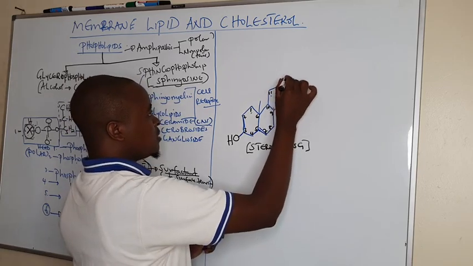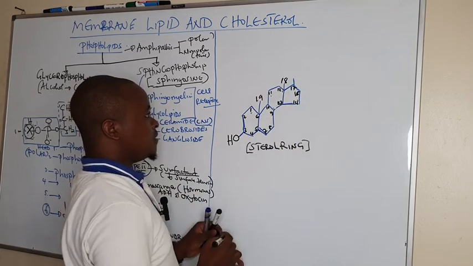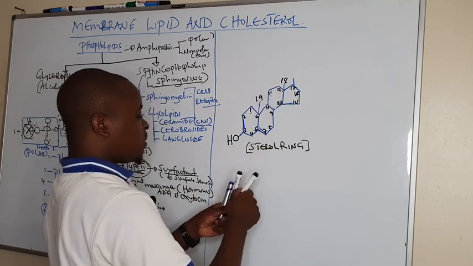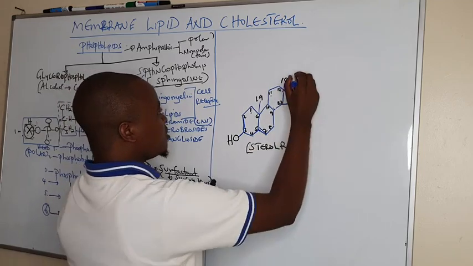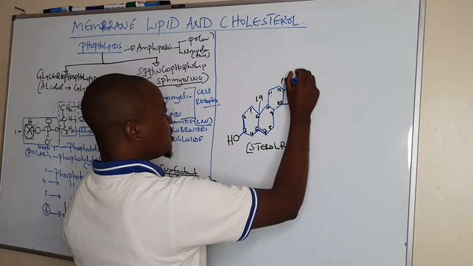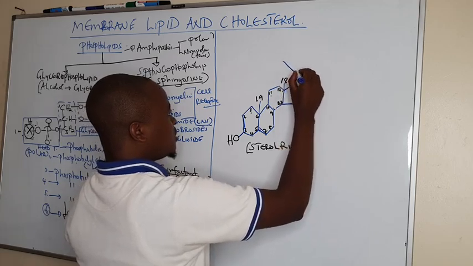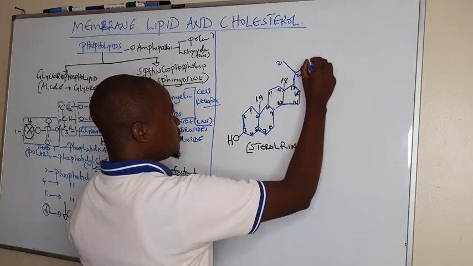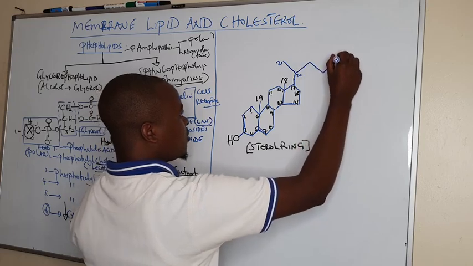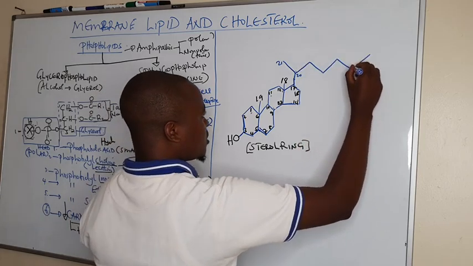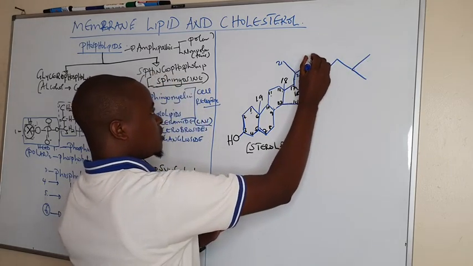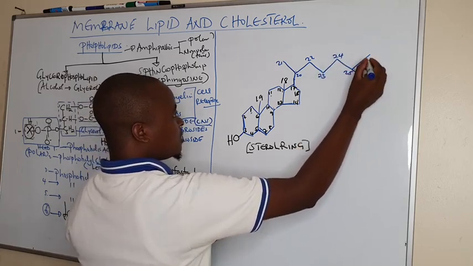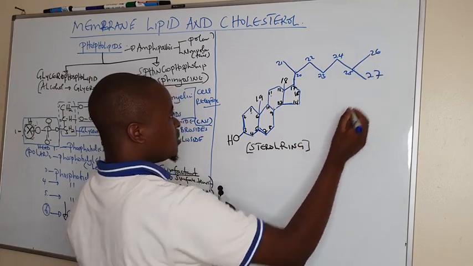Then this is 18, 19. Then this part, which is the non-polar portion, is going to give 20, 21. This is 22, 23, 24, 25, 26, and 27.